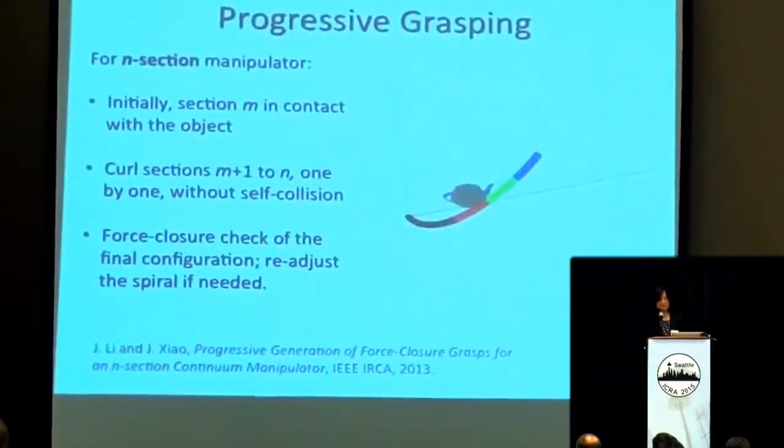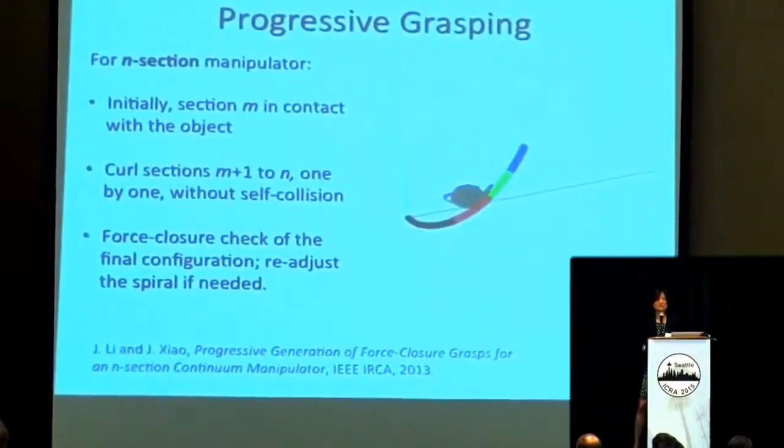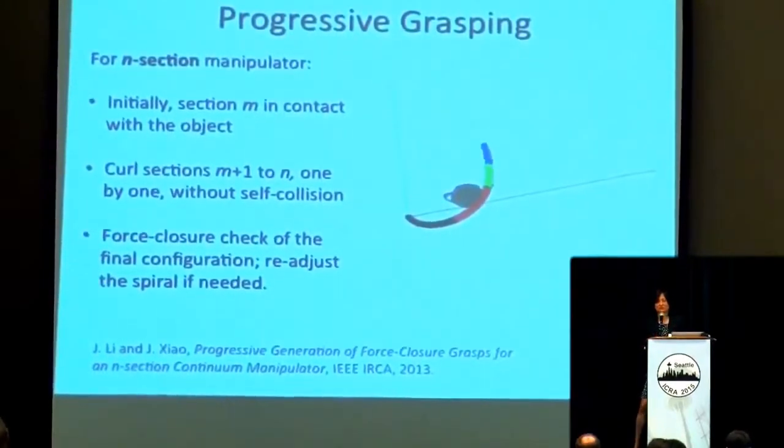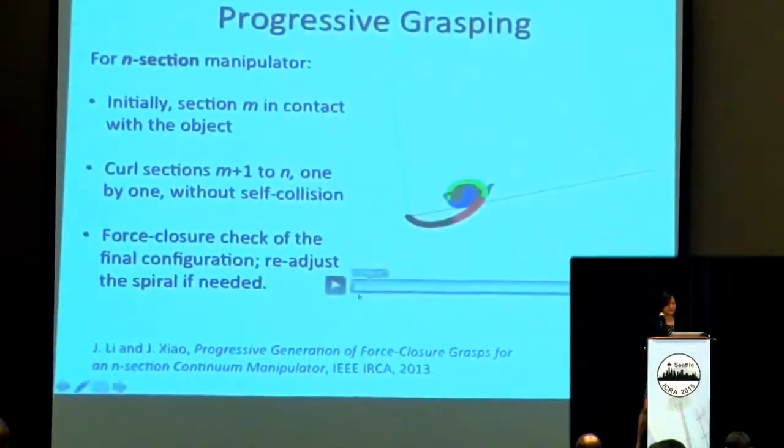Okay, so next we considered what if we don't know any bounding circle of the sort for the object. We still want to achieve force closure grasping by progressively producing a grasping configuration. So this shows an example algorithm.